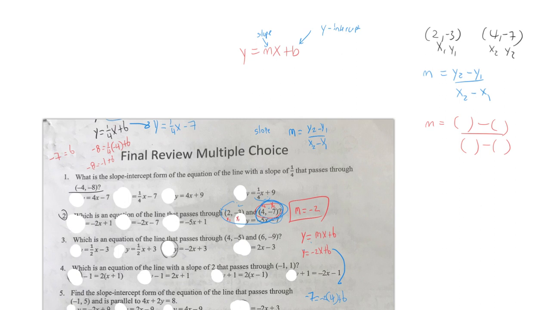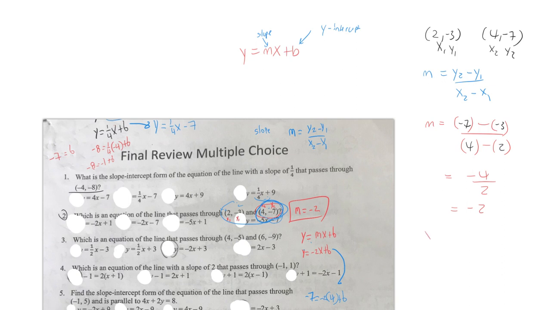So we have y2, which is -7, minus y1, which is -3, and x2, which is 4, minus x1, which is 2. So -7 minus -3 is -7 plus 3, which becomes -4 up top, all over 2, also known as -2. So that's the slope of our line.